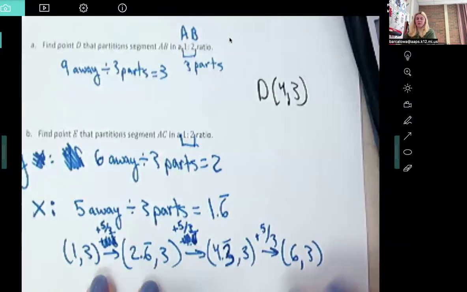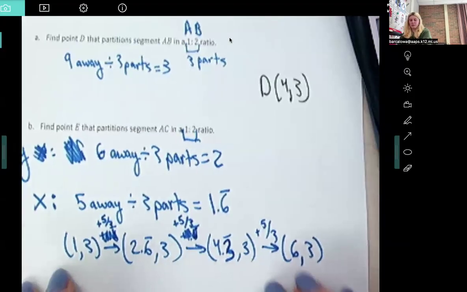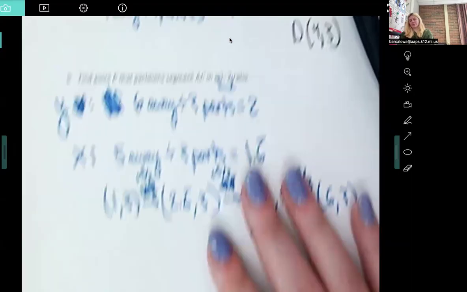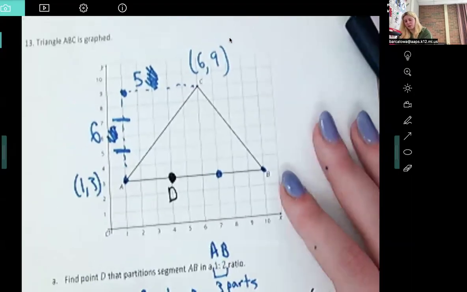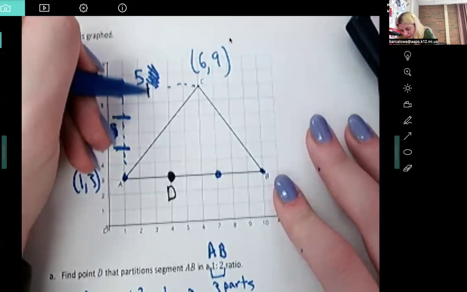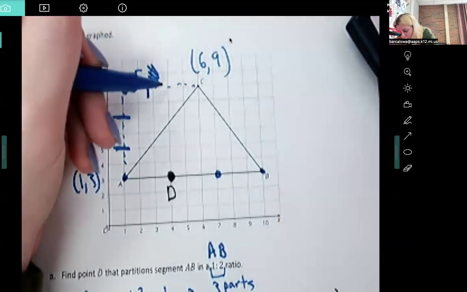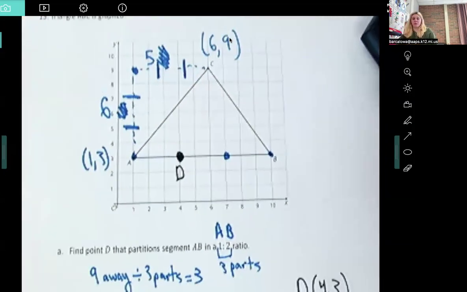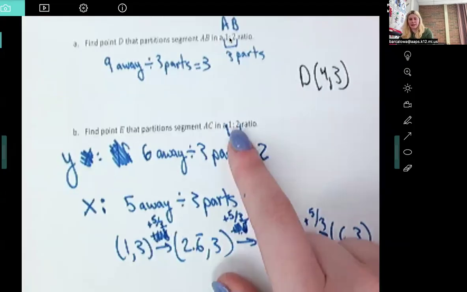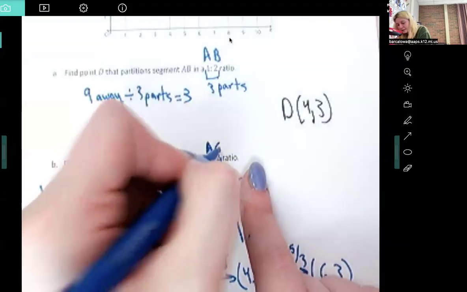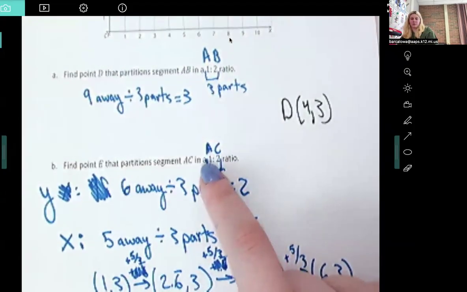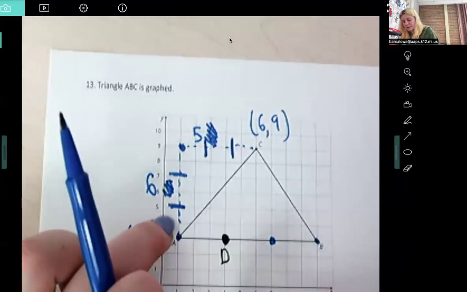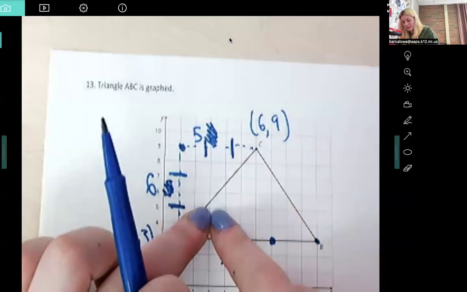Okay, so these are the points for all of my partitions. It's a little extra to find all of them, but I did it anyway. Why not? So our first line should be at 2.6, and then 4.3, and then there's that one. Now, again, AC is in a 1-to-2 ratio, so 1 part is going to be closer to A, 2 parts closer to C. So I'm going to look at this line and this line.